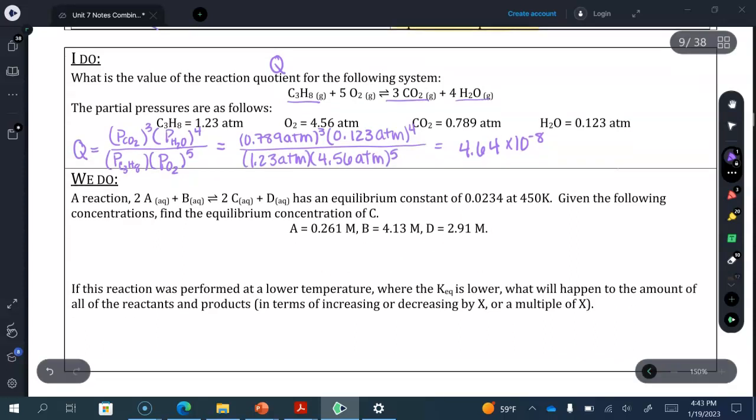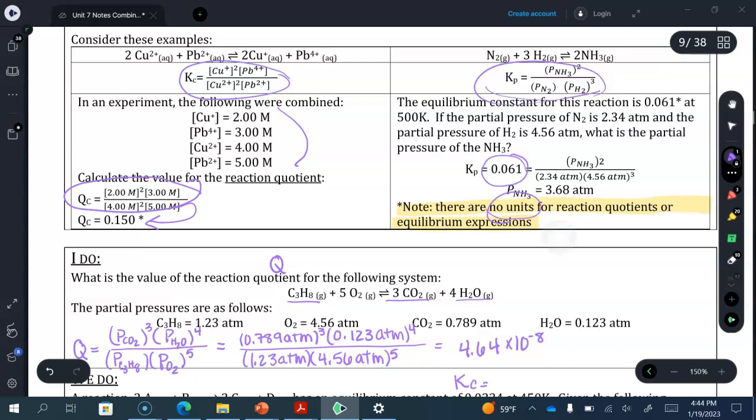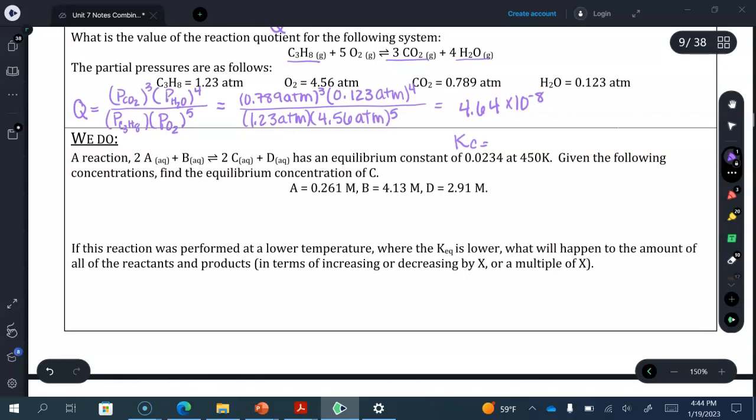Okay, so now we're going to look at another example. The reaction given has an equilibrium constant of 0.0234, so that is K. Given the following concentrations, okay, that tells us it's Kc is this. Find the equilibrium concentration of C. Okay, so we're going to do something similar to what was done up here, but with concentrations. Okay, so our first step is to write our equilibrium expression.